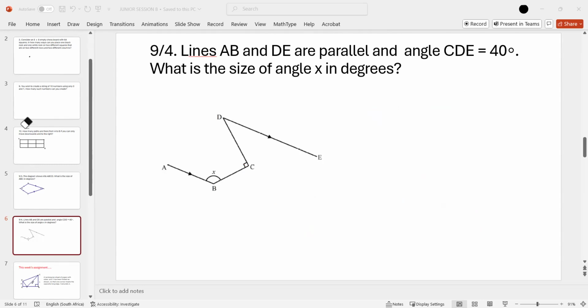Suppose I did this. This is part of a transversal, BC. So why don't I complete it? So now I have a full transversal between these parallel lines.